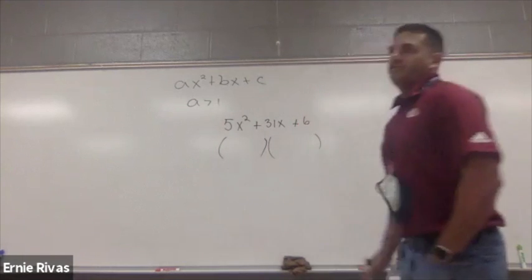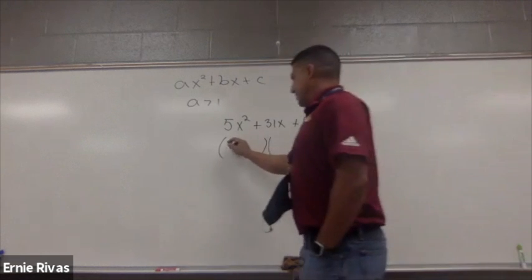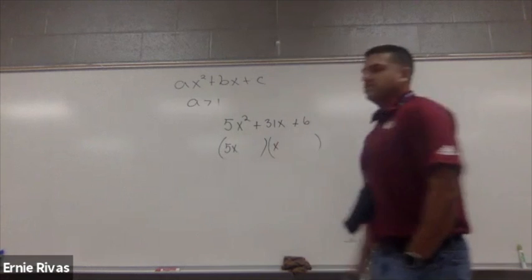We'll do this one together, and then I'll let you guys try the next one on your own. What is the only way to get 5x squared? 5x and 1x.